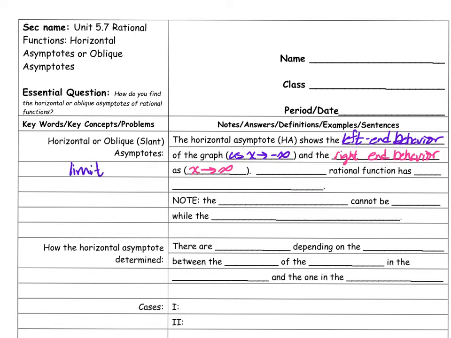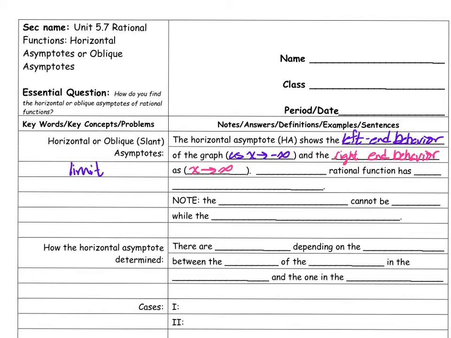And that's basically what's the value when you get out to infinity or negative infinity. What's the limit of that function? What are you going to? So they're kind of hand in hand. I just want you to think about that when that comes up whenever you get to calculus or pre-calculus.